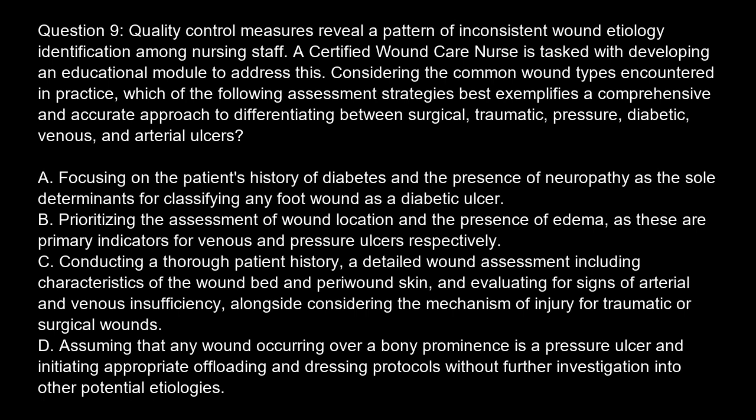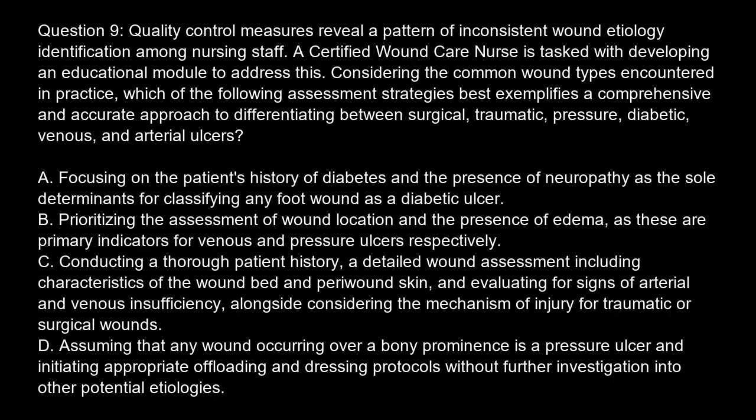Option A. Focusing on the patient's history of diabetes and the presence of neuropathy as the sole determinants for classifying any foot wound as a diabetic ulcer. Option B. Prioritizing the assessment of wound location and the presence of edema, as these are primary indicators for venous and pressure ulcers respectively.